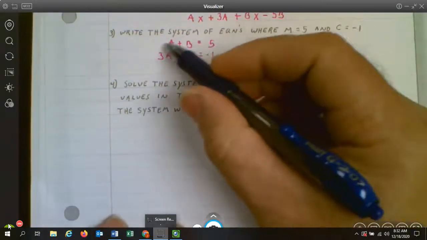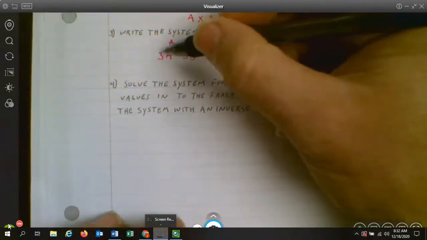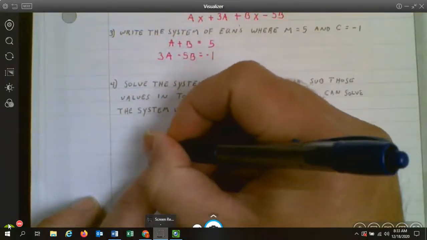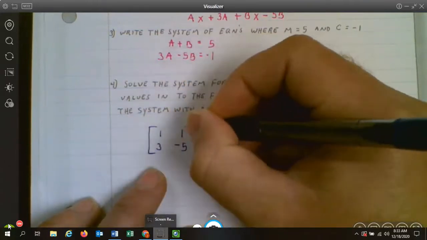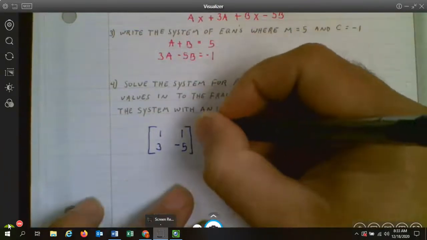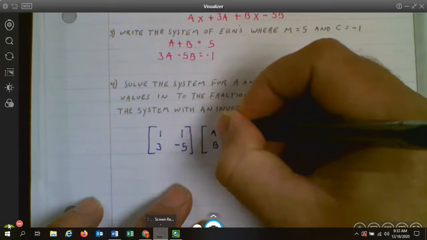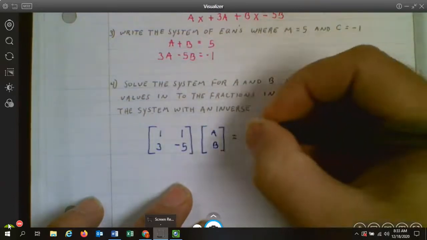So I'm going to get my coefficient matrix, which is 1, 1, 3, negative 5. My variables are the A and the B. And my constants are the 5, negative 1.